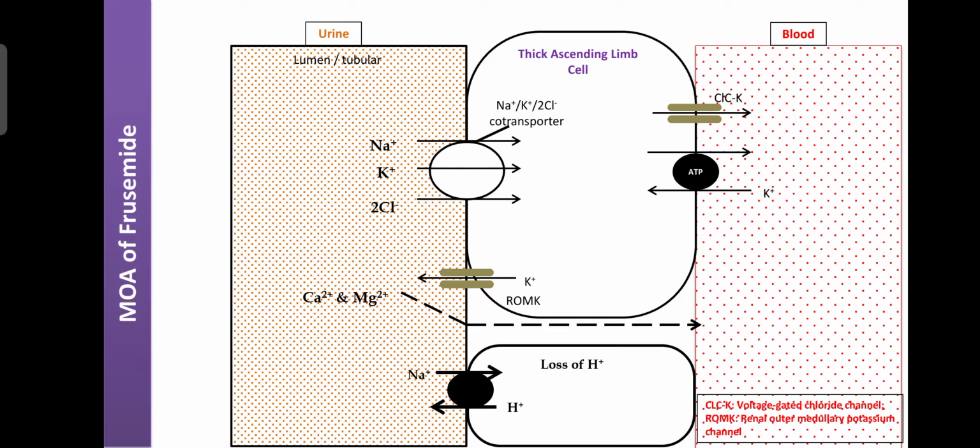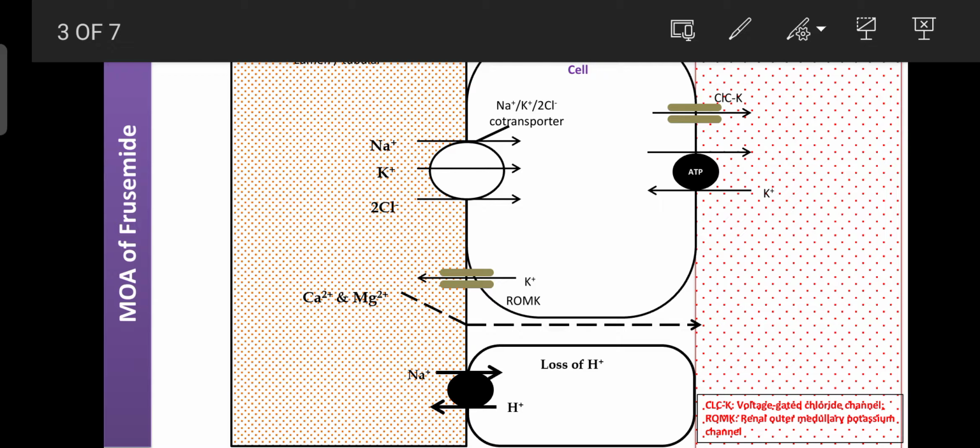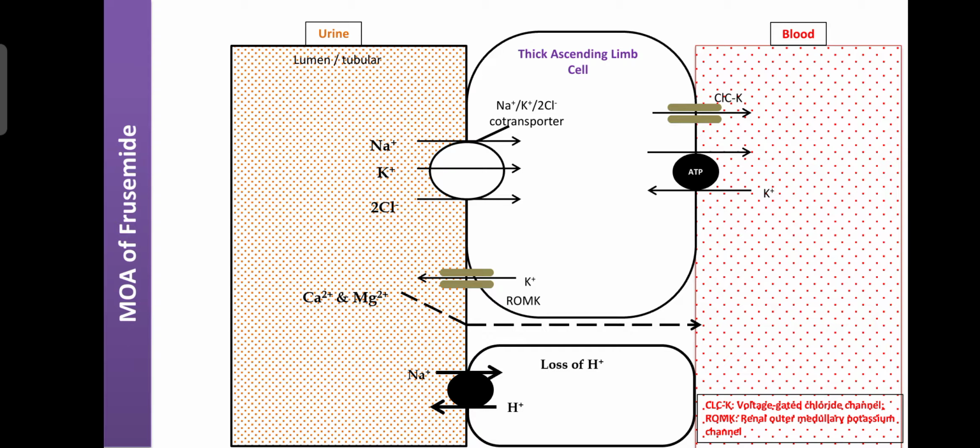From here, sodium, potassium, and chloride enter the thick ascending limb cell with the help of the sodium-potassium-chloride co-transporter. It is one of the transporters or channels, and it allows the unidirectional flow of sodium, potassium, and chloride.